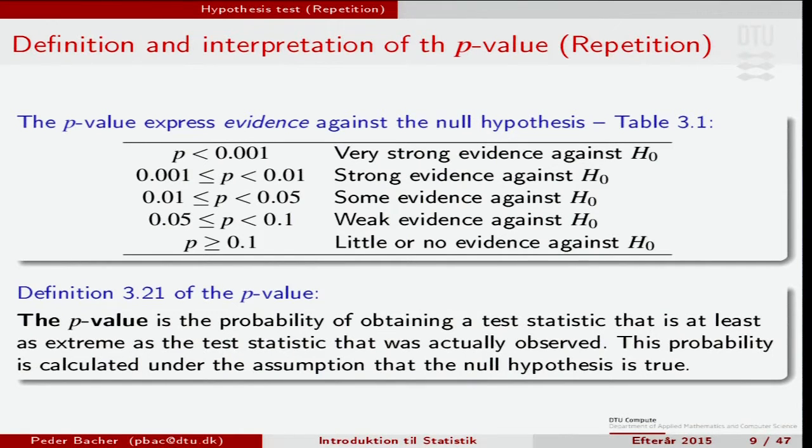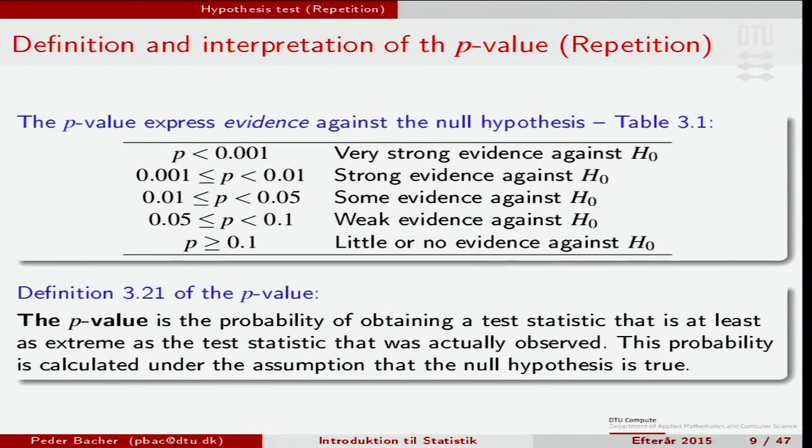If that is the case, then more extreme means also on the other side. So we will include also this area, this probability mass, since the alternative is both sides.